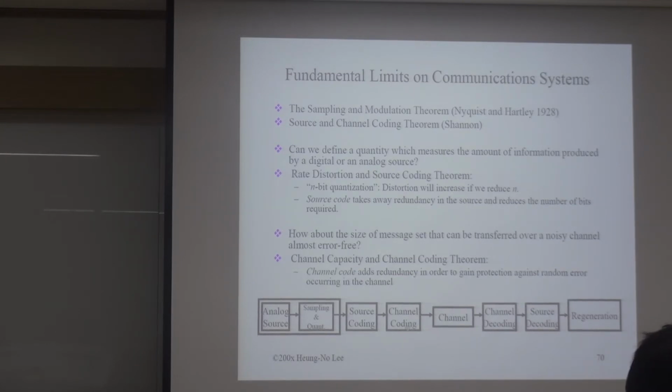We will design some channel codes that can correct errors that happen during channel transmission. The analog to digital sampling and quantization is what you learn in the electrical engineering sophomore class, signals and systems, and so on. So we are not going to deal with that part. We are going to deal with this part very heavily in this course.